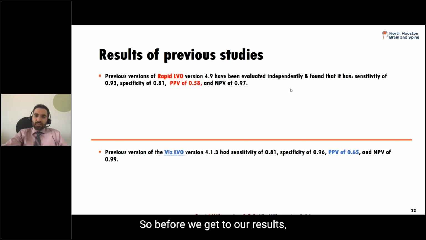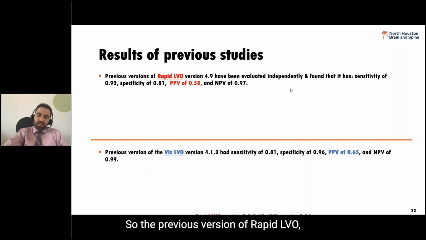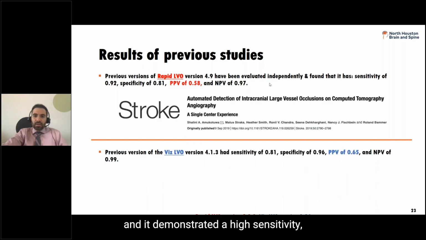Before we get to our results, let's show you what has been previously published. The previous version of Rapid LVO, at the time of our study we had a newer version of it, was evaluated independently and demonstrated high sensitivity, high specificity, high negative predictive value, with a positive predictive value of 0.58.